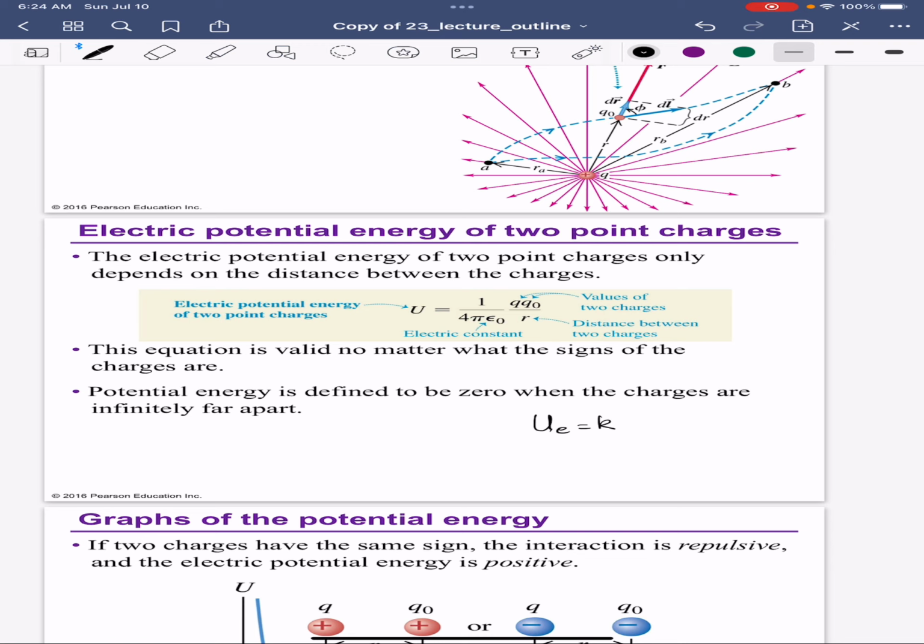I like to use kQQ0 over R, but later we will see that it's maybe more convenient to put it as Q0 times kQ over R. That is more convenient because it relates the electric potential energy with the electric potential. Here I will say the electric potential is different from electric potential energy.